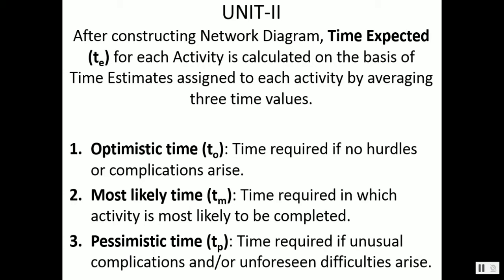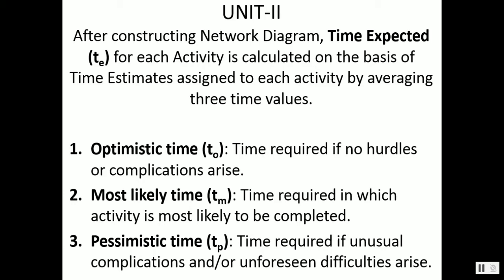After constructing the network diagram, time expected, that is TE, for each activity is calculated by averaging time estimates assigned to various activities. What is optimistic time? TO. It is the time required if no hurdles or complications arise.